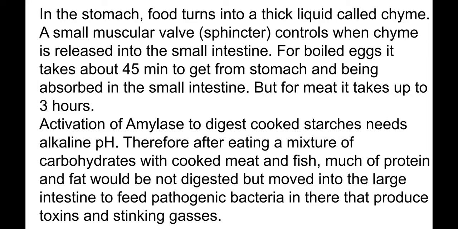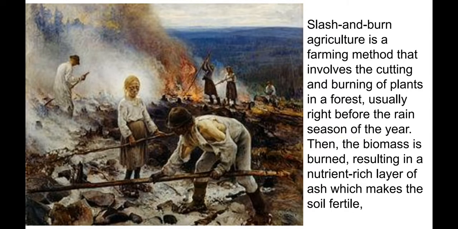Then the meat and fat are not completely digested, not completely broken to pieces, and as small pieces they go first to the small intestine, but they cannot be absorbed. Of course, they go to the large intestine, and in the large intestine we have pathogenic bacteria. Okay, we will get to this a little bit later.